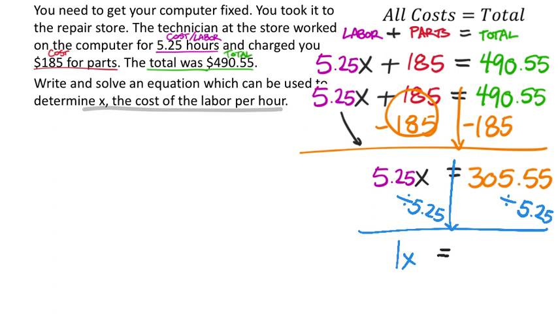Now I go to my calculator, 305.55 divided by 5.25, and I get 58.2. Now you need to be careful about your labels, because when I did this originally, I put hours.